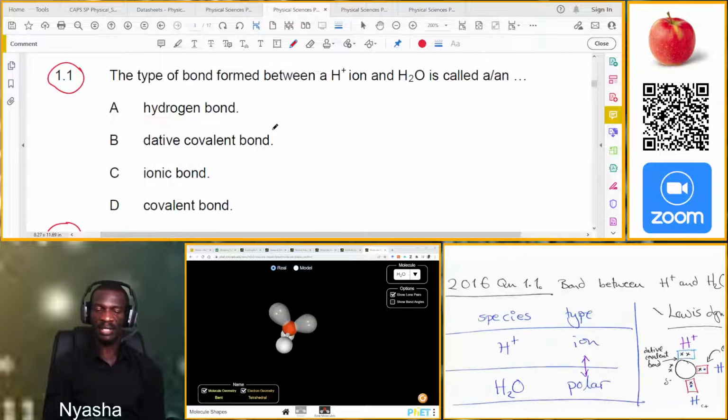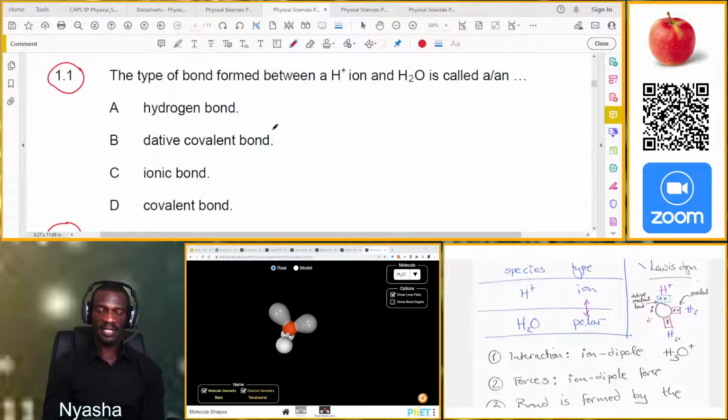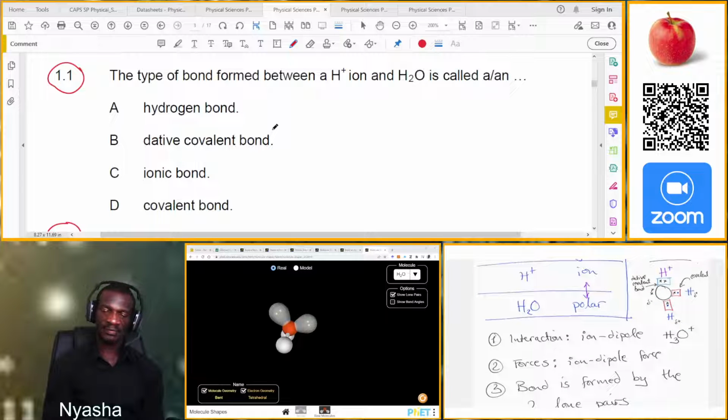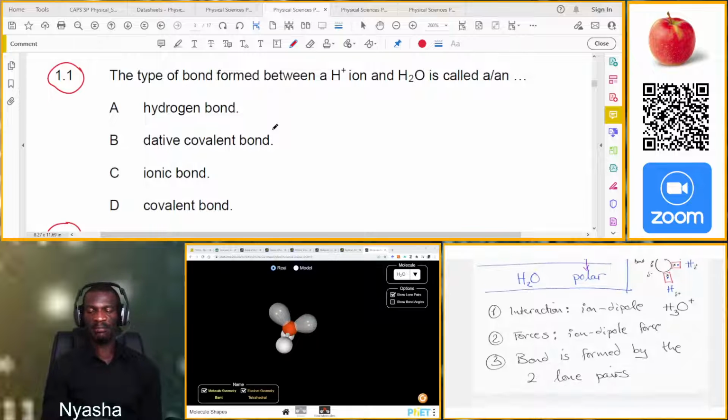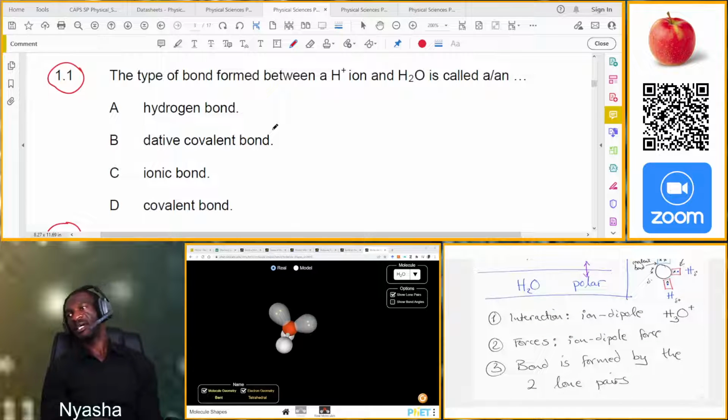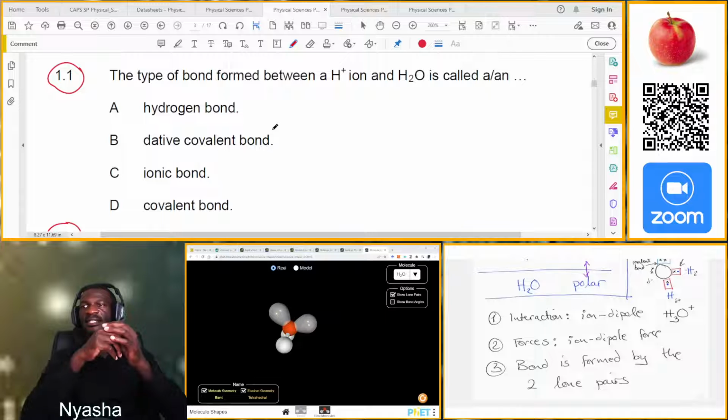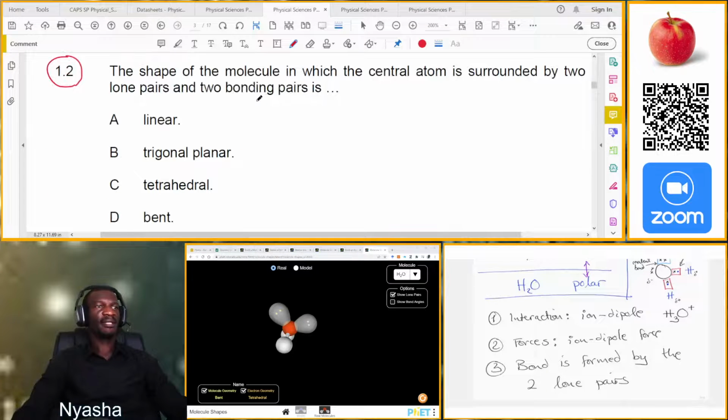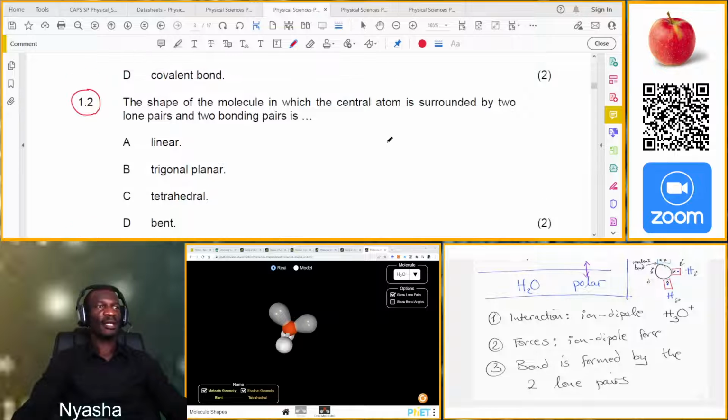We have seen that this was an interaction. We've identified the type of force, and then the bond that has been formed is because of that pair. I hope that was helpful for you.